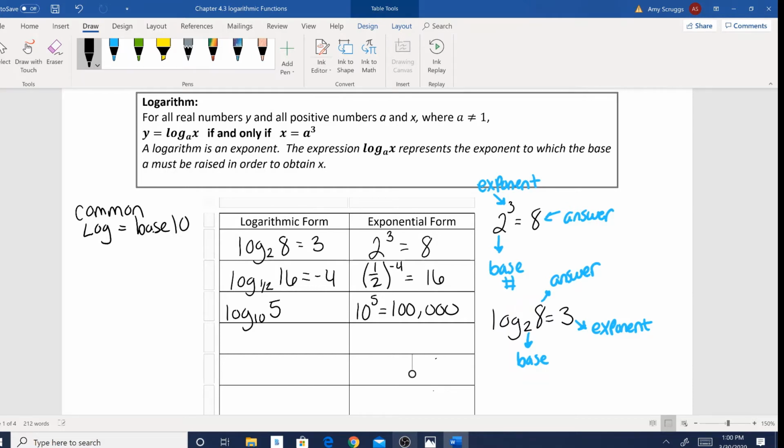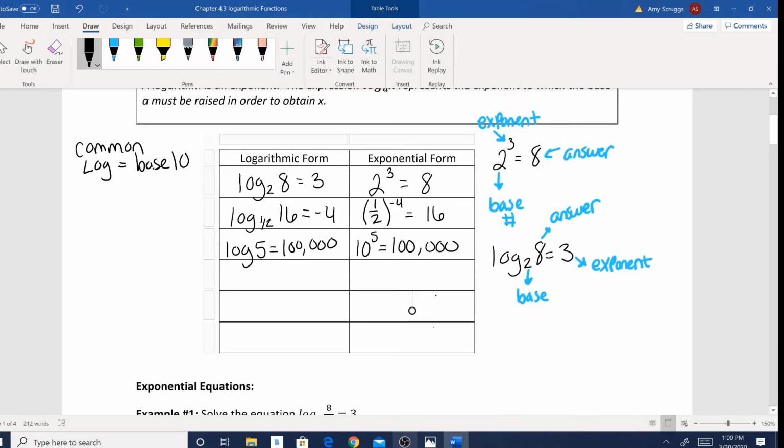Instead of putting base 10, you could just leave this as log, and by leaving it as log, it's an understood base 10. So log of 100,000 is equal to 5. And by the way, your calculator is already set up to be a common logarithm. If you just hit the log button on your calculator, it assumes you're referring to log base 10.